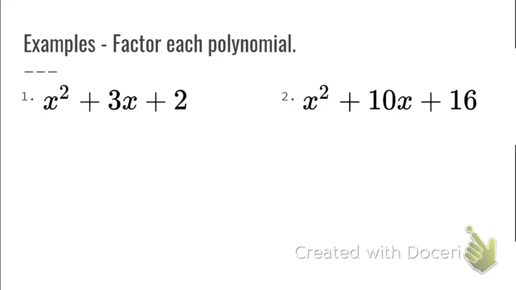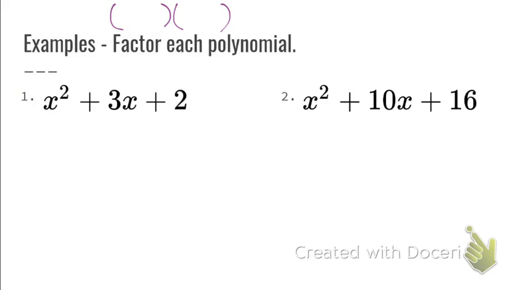So let's give these a try. You are always going to want to write these as multiplication problems, which means that your answer should always have two sets of parentheses.